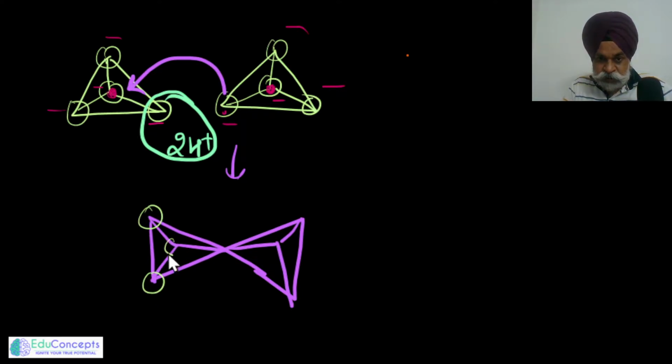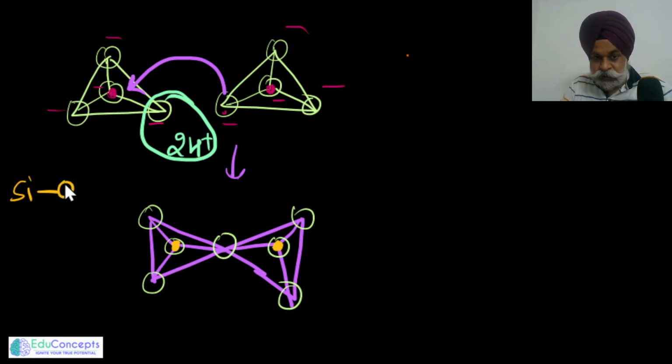So these are the oxygens, and at the center here you have a silicon. This is silicon. This is silicon. Now the point here is the oxygen which got joined between the two silicons. This particular oxygen would not be getting the negative charge.